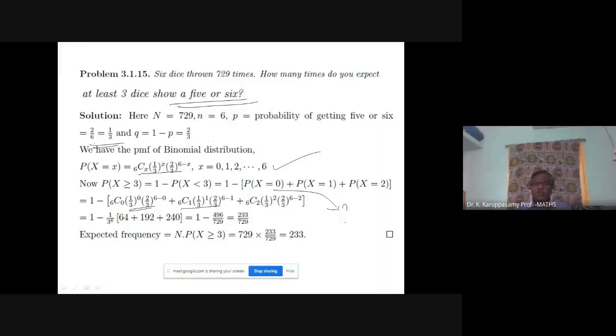So out of 729 times, 233 times we can expect. If a particular experiment is repeated for some capital N number of times, you multiply N into probability.